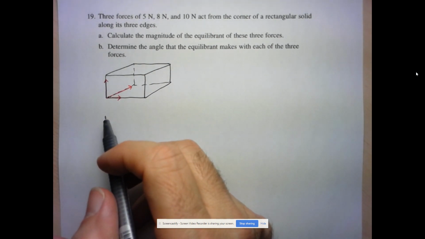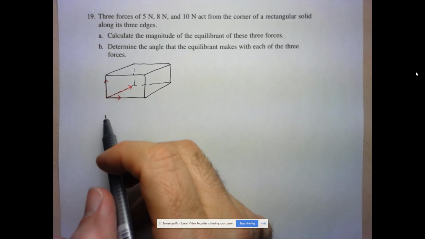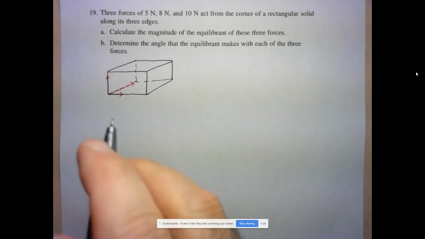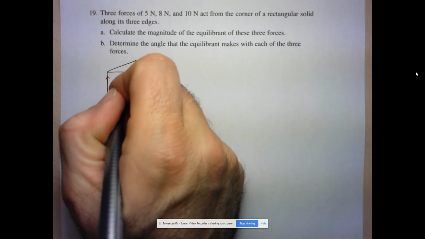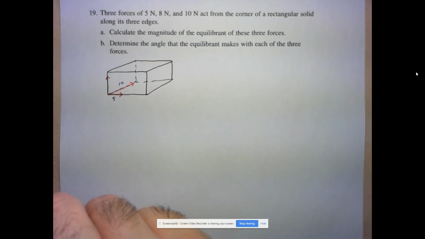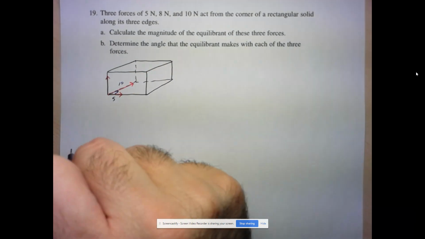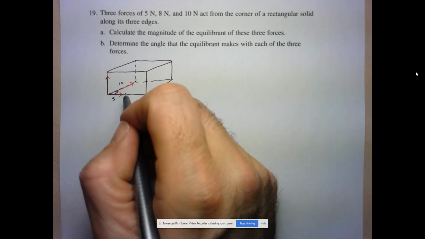All right, and since the order doesn't matter, I can draw these in any order. So I'm going to start with the ones at the bottom here. So let's say this is the 5 and the 10, the way I've drawn it. Here you have to imagine that this is a 90-degree angle. I'm just going to add them tip to tail.